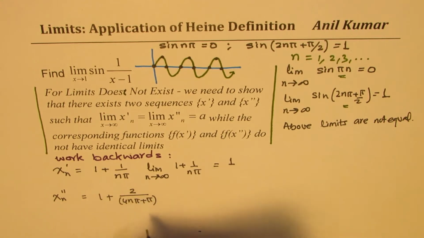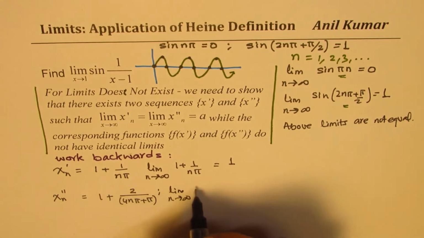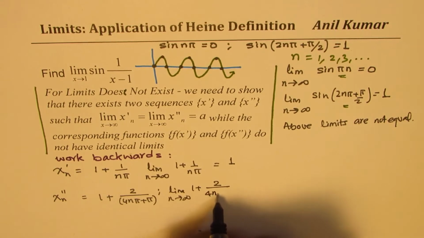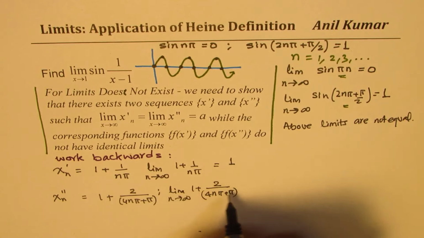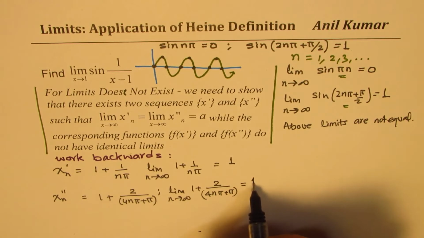Perfect. Now that gives us the limit as n approaches infinity for 1 plus 2 over 4nπ plus π, which is what? If n is very large, this whole term approaches 0, so we get 1.